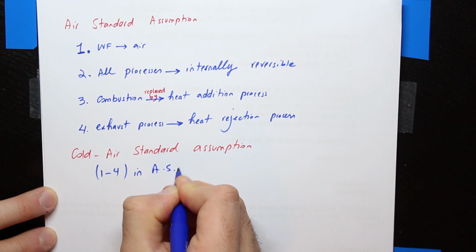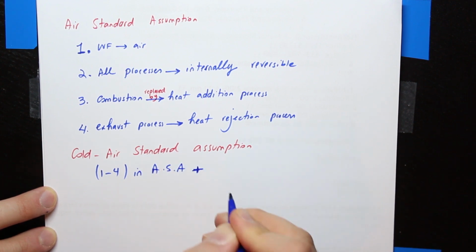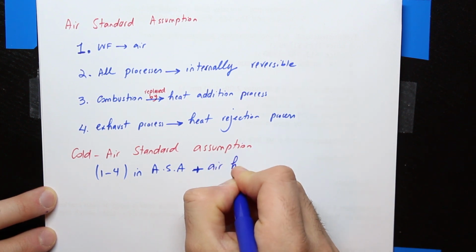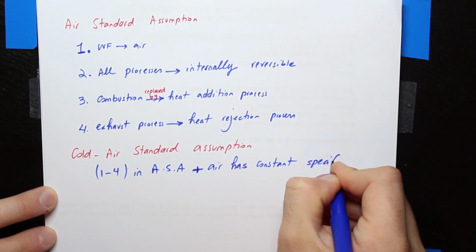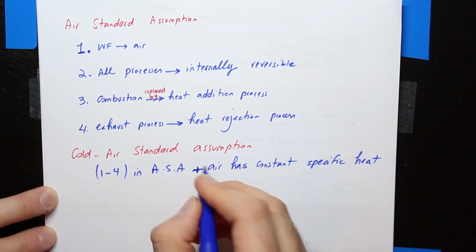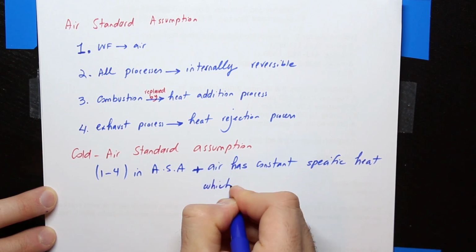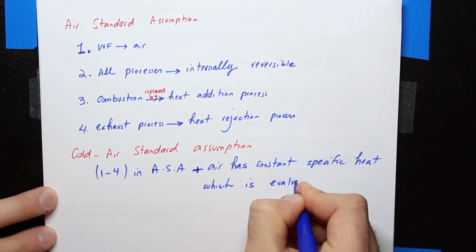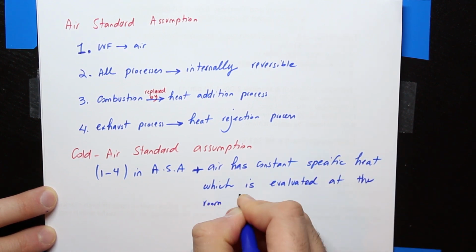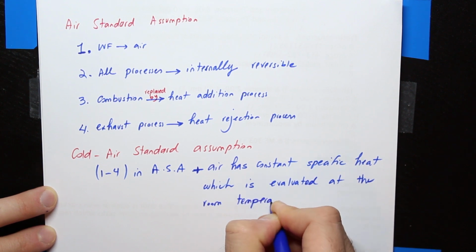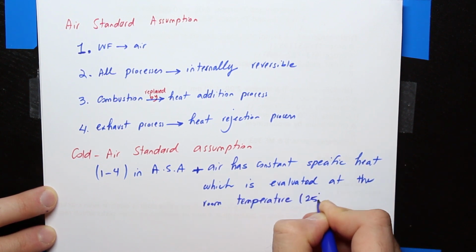In addition, it says that air has a constant specific heat which is evaluated at room temperature, and that is 25 degrees C.